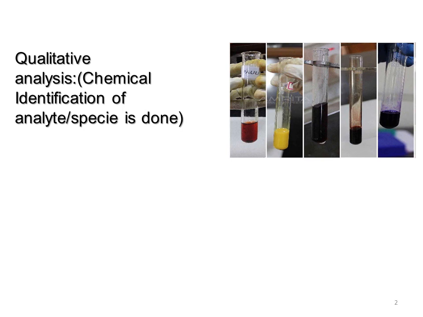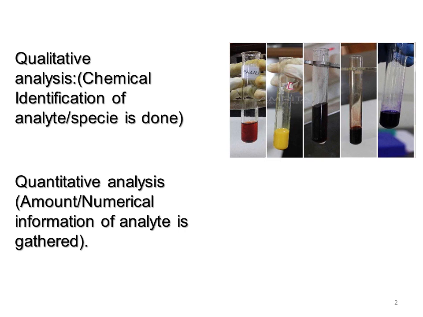For that, you have to do the quantitative analysis, because the quantitative analysis deals with the numerical information of the allied species, as you have done in your experiment number 1 till 5, and that you will do in your experiment number 7 as well.